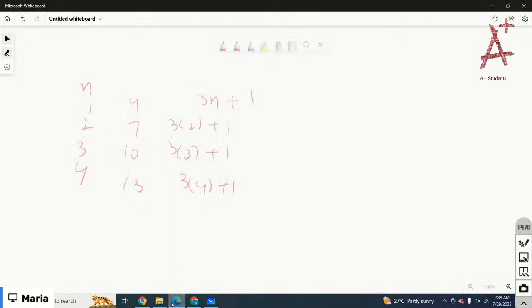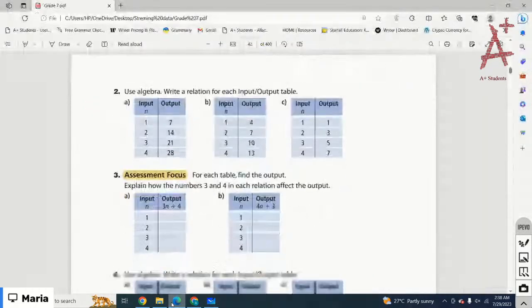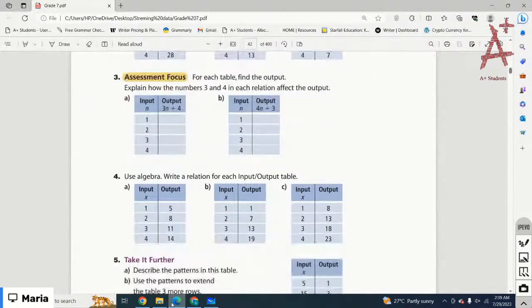Okay, question number 3. For each table, find the output. Explain how the numbers 3 and 4 in each relation affect the output.